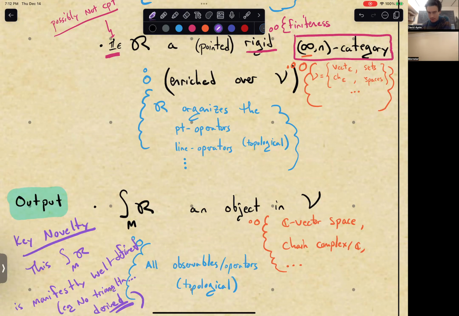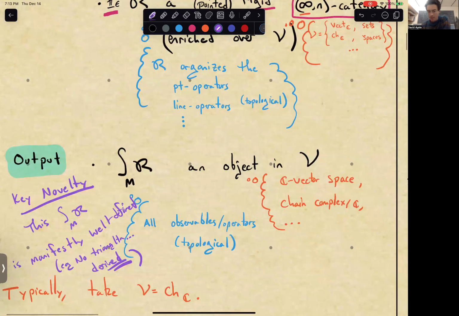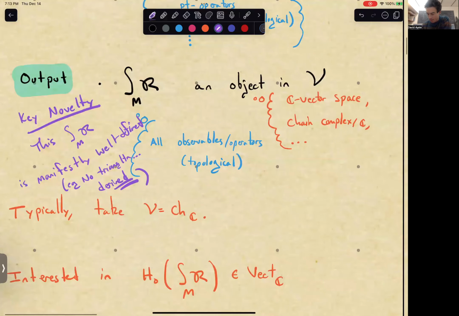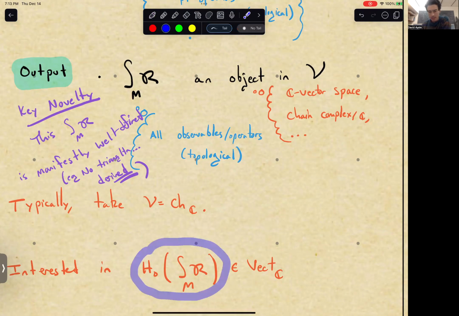Okay, so that's factorization homology. As I mentioned, typically the enrichment is in chain complexes, and I invite you to just think of that example from here on out. And typically, one is interested in the zeroth homology of this chain complex, which will be a vector space.